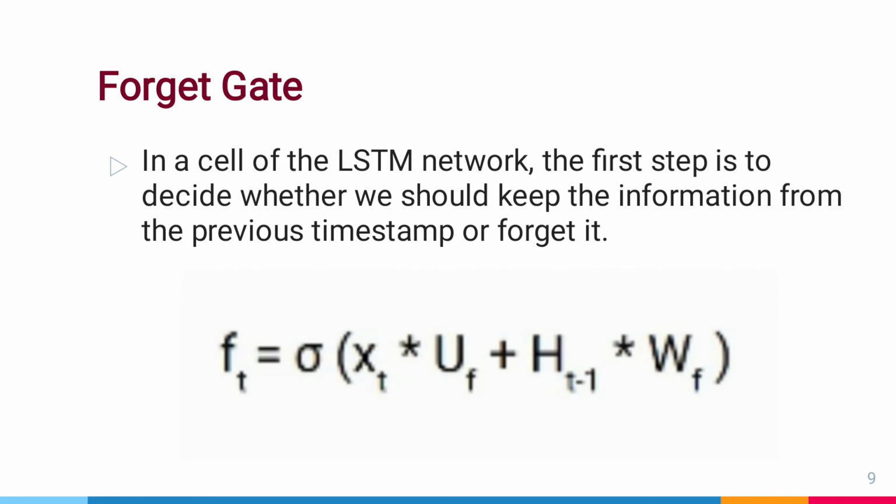Here x(t) is the input from the current timestamp, U_f is the weight matrix associated with the input, h(t-1) is the hidden state from the previous timestamp, and W_f is the weight matrix associated with the hidden state. Here is a sigmoid function, and f(t) is going to be a number between 0 and 1.